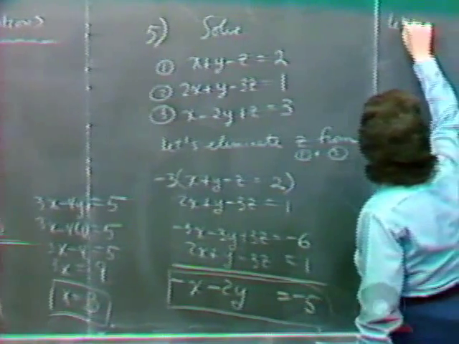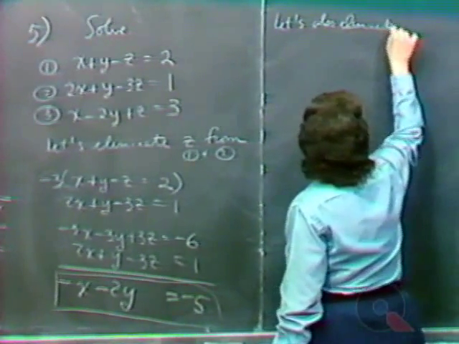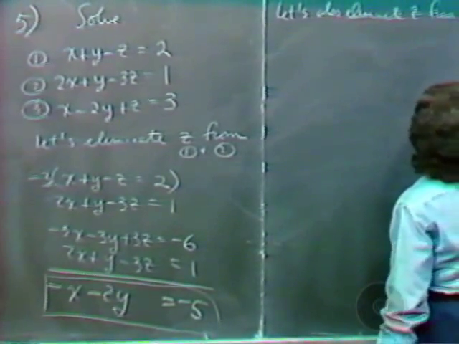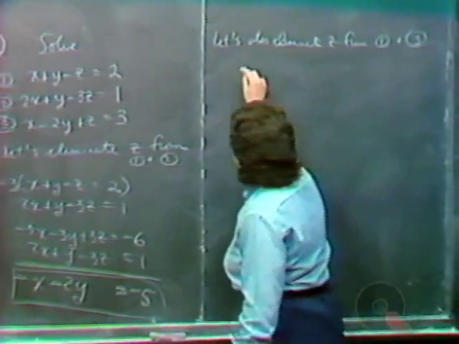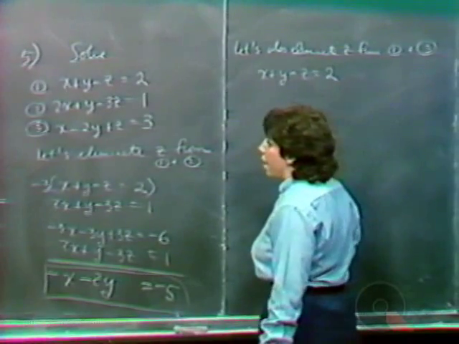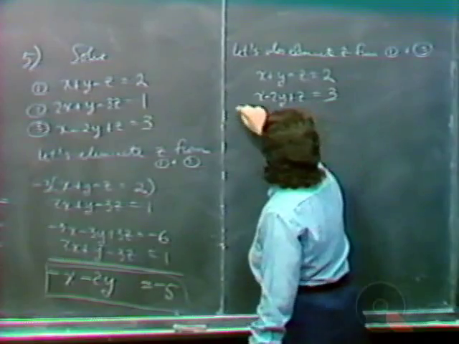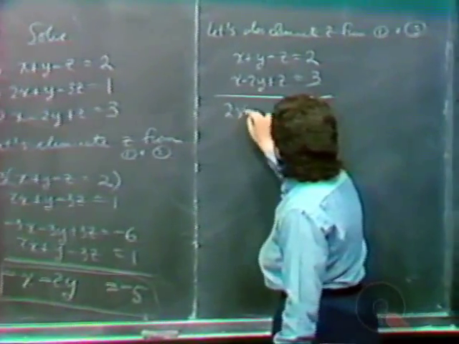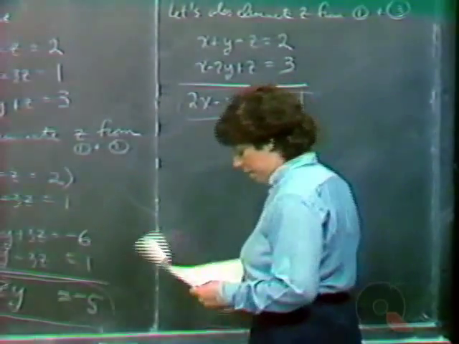So let's also eliminate z from equations 1 and 3. 1 is x plus y minus z is 2. And 3 is x minus 2y plus z is 3. And here all you have to do to eliminate is to add: 2x minus y equals 5.